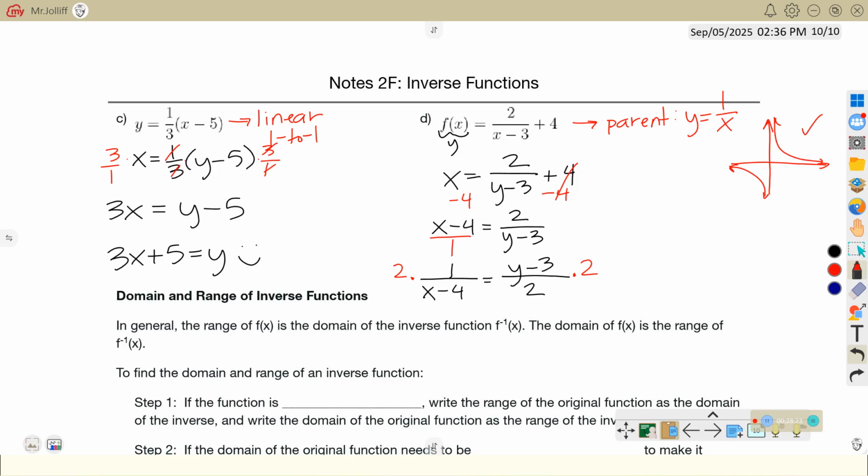My suggestion is 2. I want to get rid of that fraction. We do not like fractions. Fractions are gross. That makes the fraction go bye-bye.